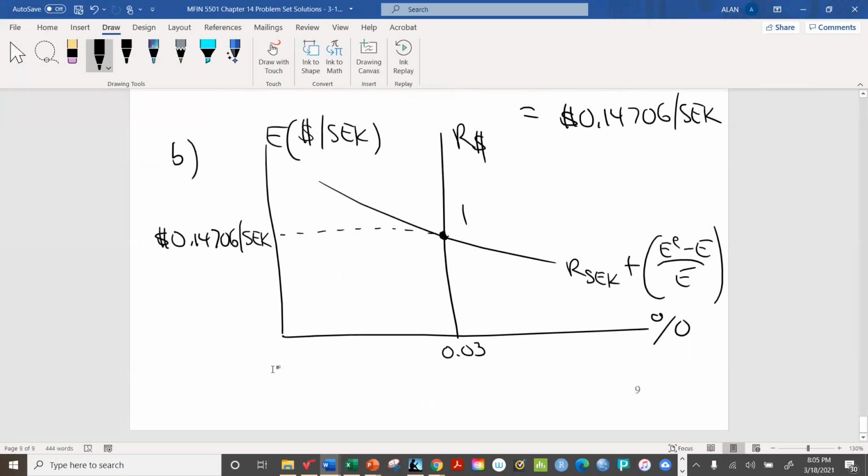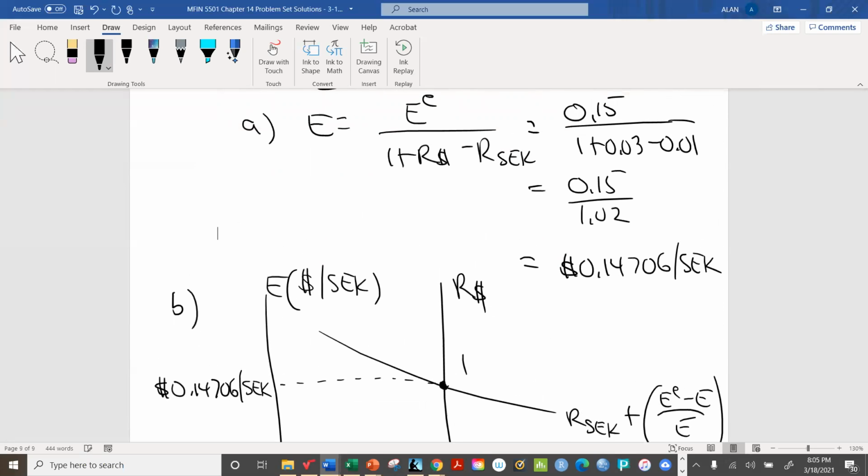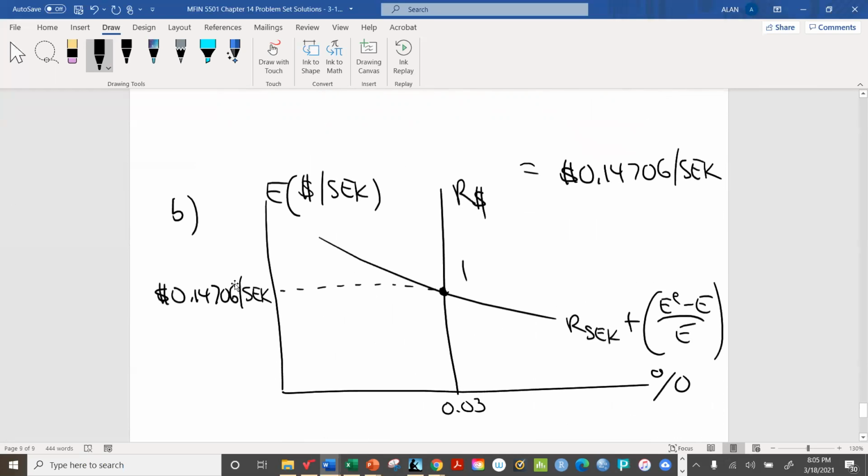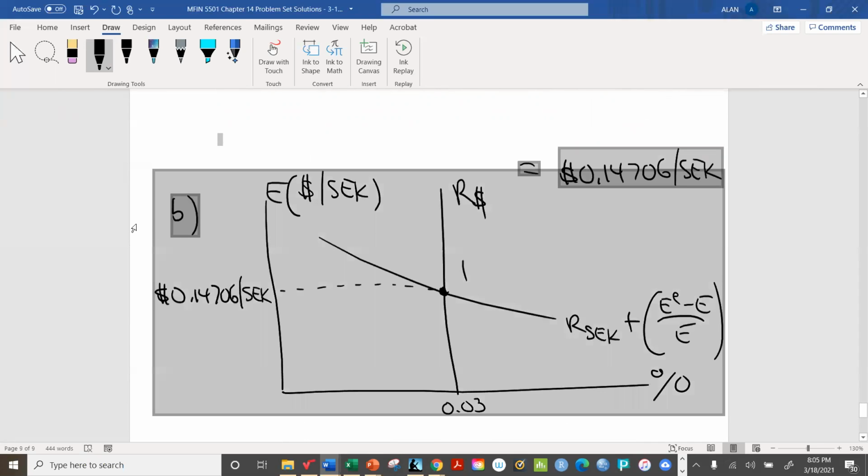All right, so now in part C, what changes? Oops, I have to fix something. I have to move this one more time.